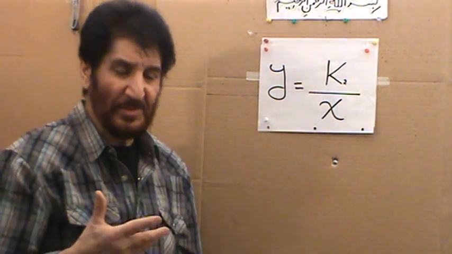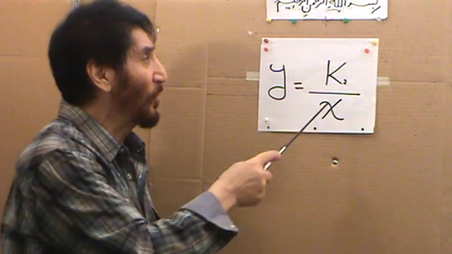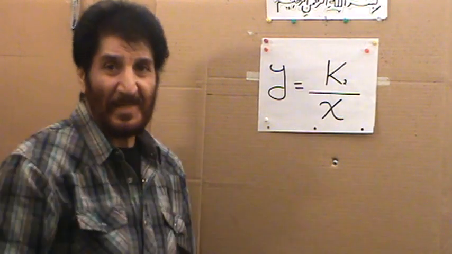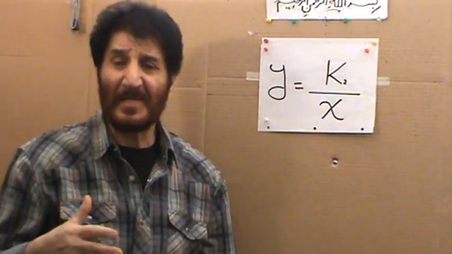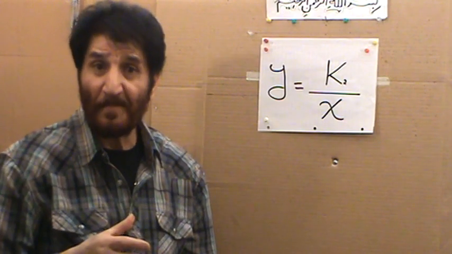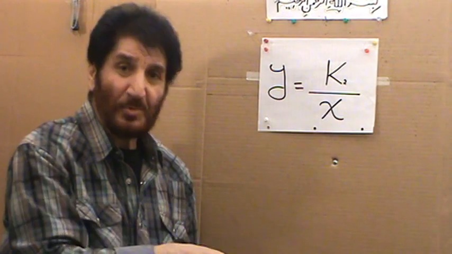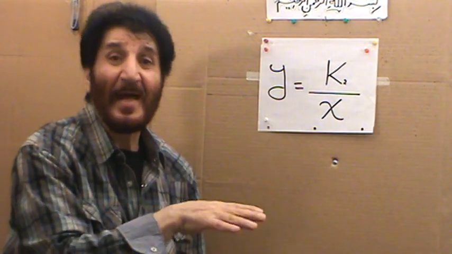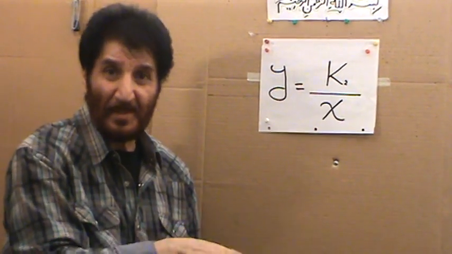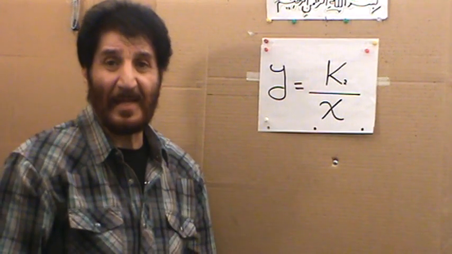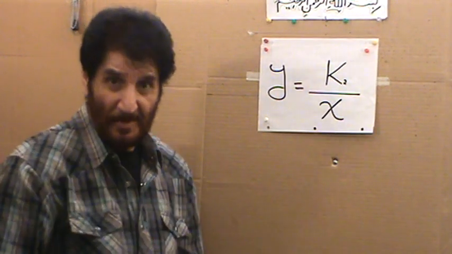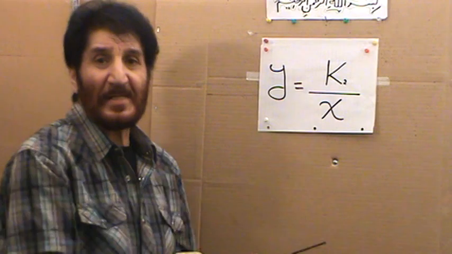So you have a good picture of how the graph will look for different values of k2. And if k2 is between 0 and 1, then it goes up a little bit slower and goes down a little bit faster toward the horizontal asymptote.